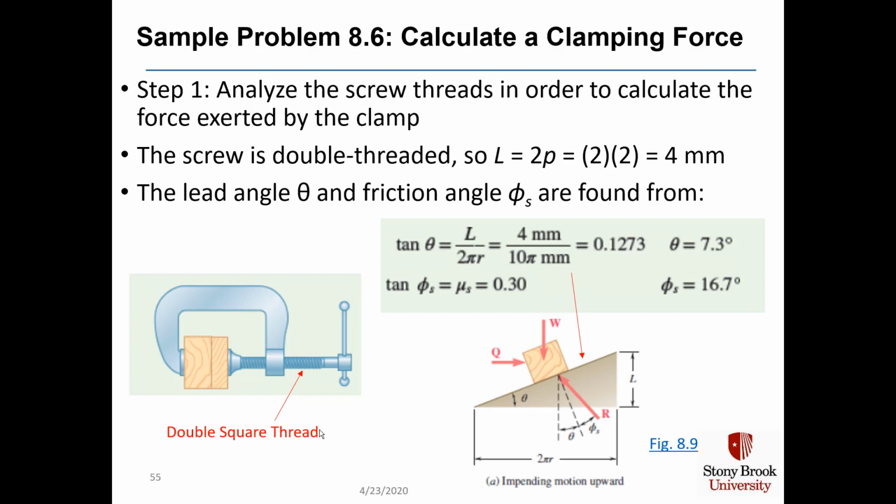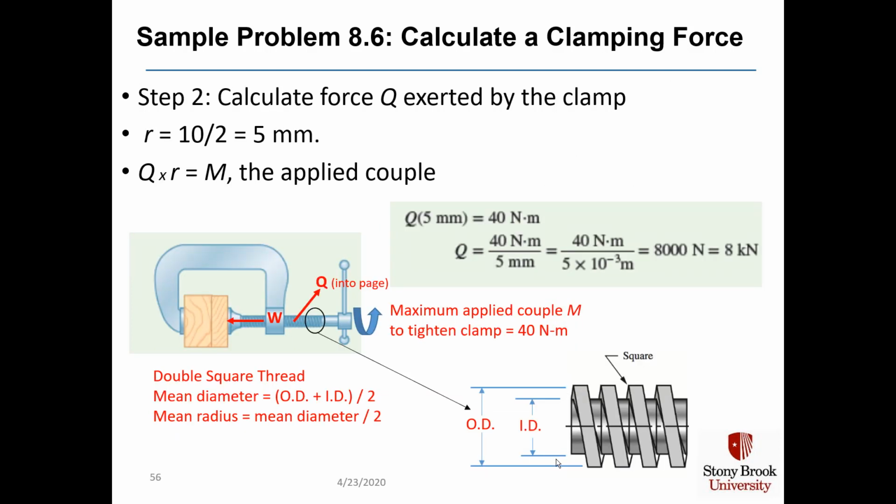The lead angle θ and the friction angle φ are then found from the fact that tan θ is equal to L over 2πr, and that angle then is 7.3 degrees, and tan φs is equal to 0.3, and φs equals 16.7 degrees.